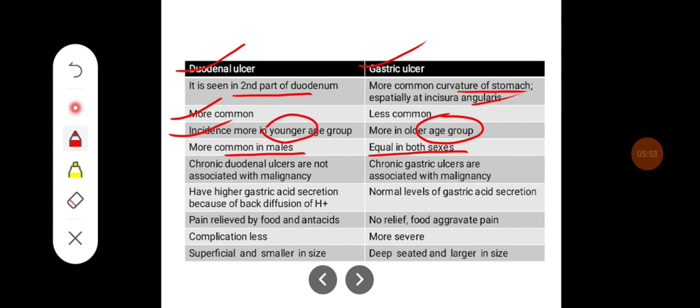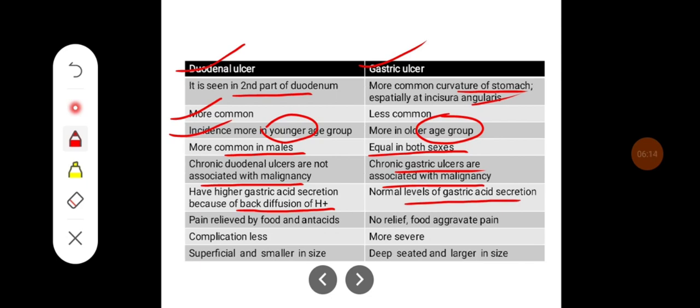Duodenal ulcers are not associated with any malignancy, whereas chronic gastric ulcers are associated with malignancies. The duodenal ulcer has higher gastric acid secretion because of the back diffusion of H plus ion, whereas you can see normal levels of gastric acid secretion in gastric ulcer.